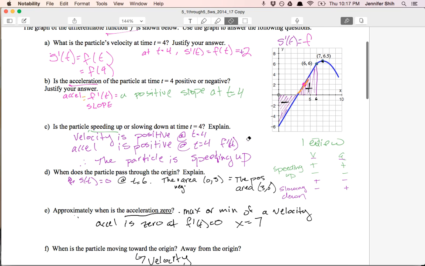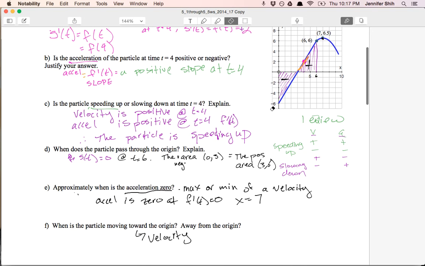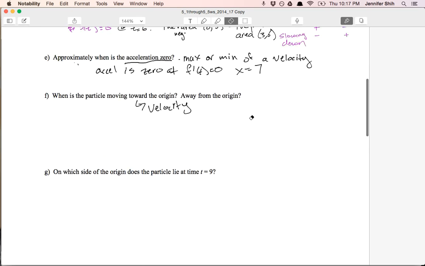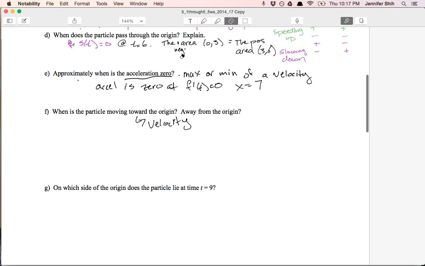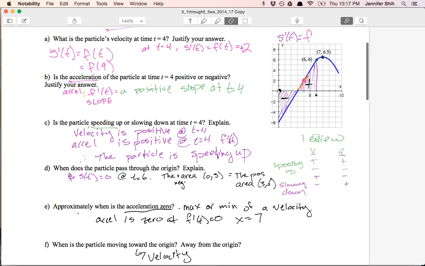So when we start here, if you look at the area between 0 and 3, it's a negative area.